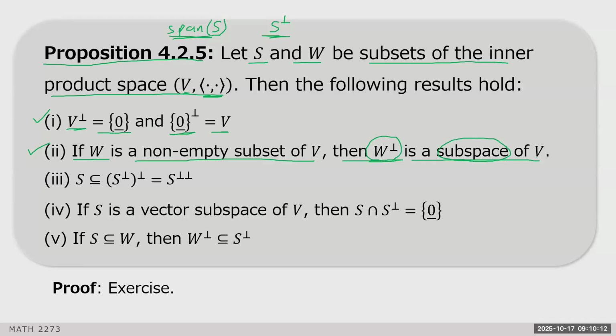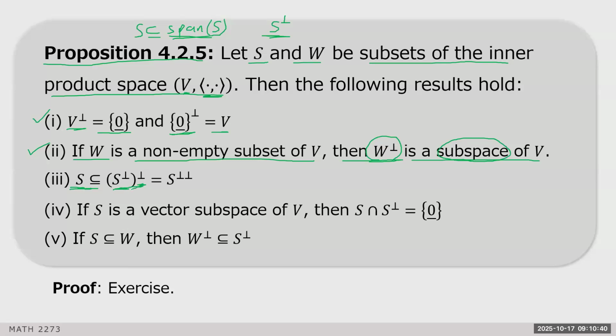The third property says that, just like the set S is always contained inside of its span, the set S is always contained in the orthogonal complement of its orthogonal complement.